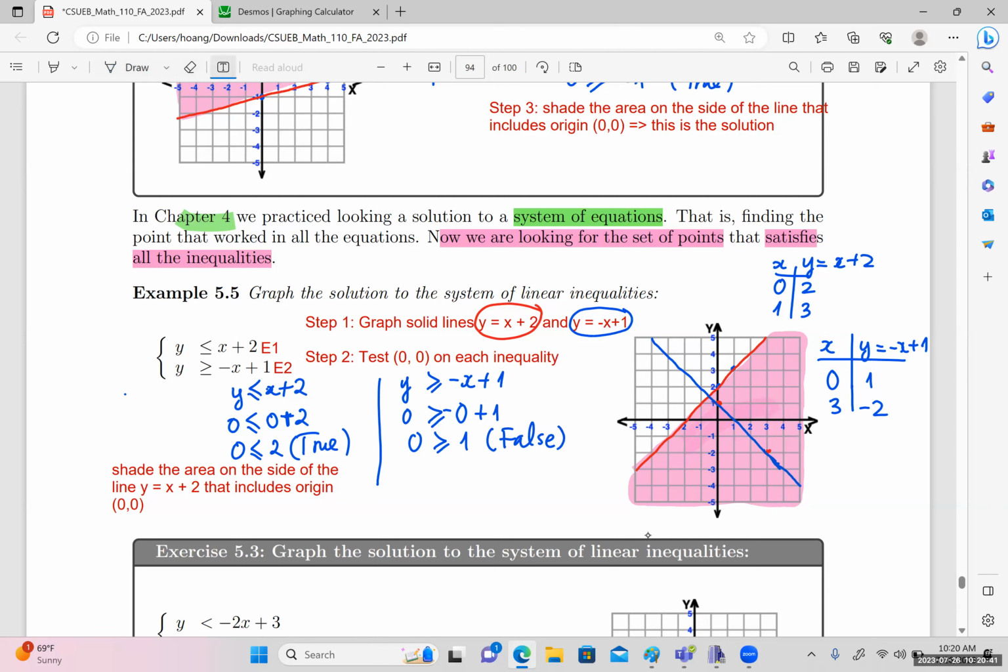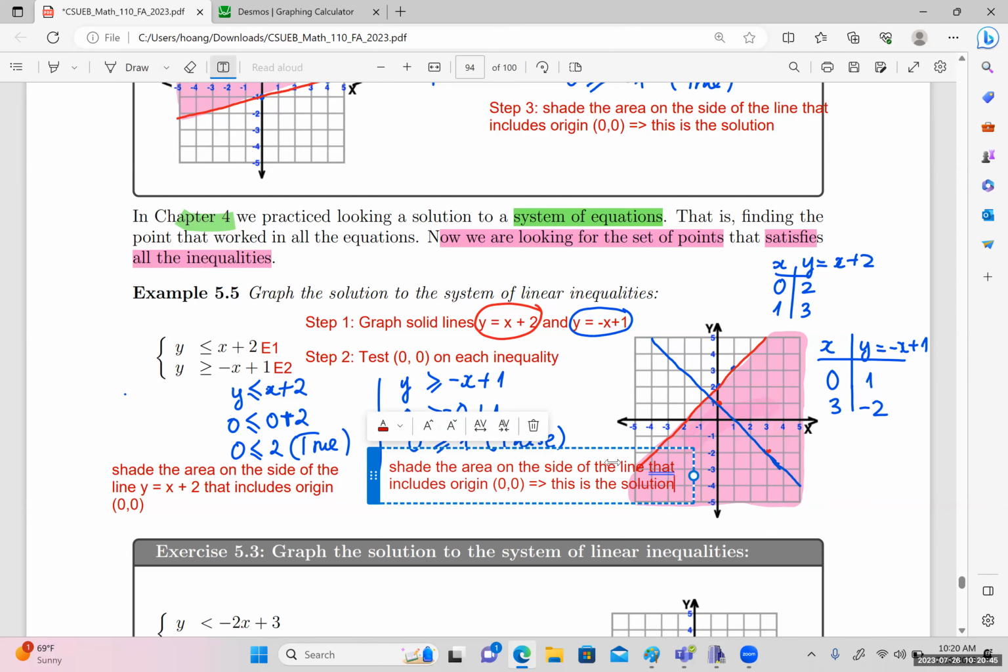So if it's false, I will shade the area on the side of the line y equal to negative x plus 1 that doesn't include the origin. Yeah. So let's shade it.